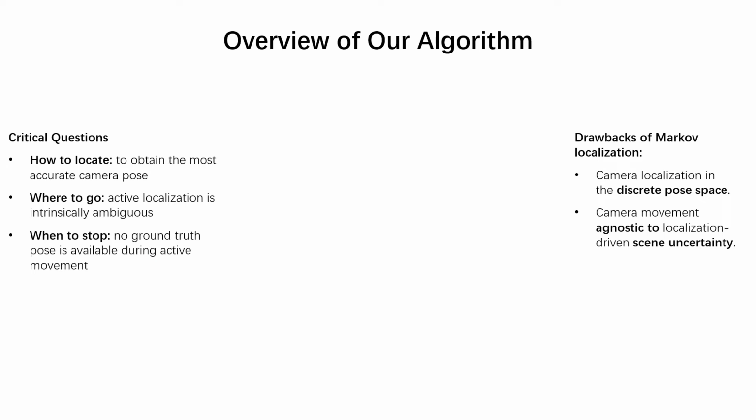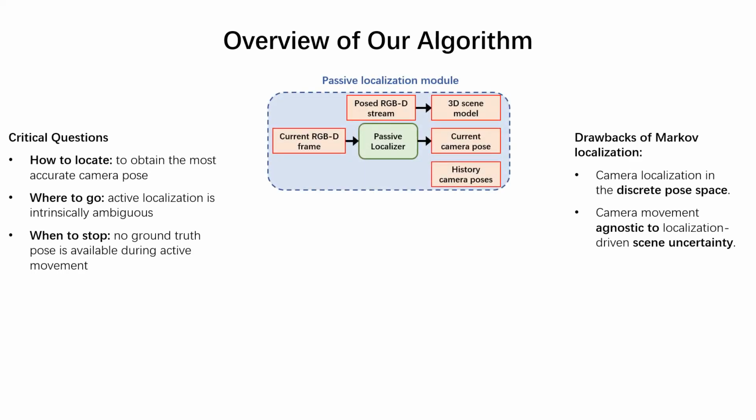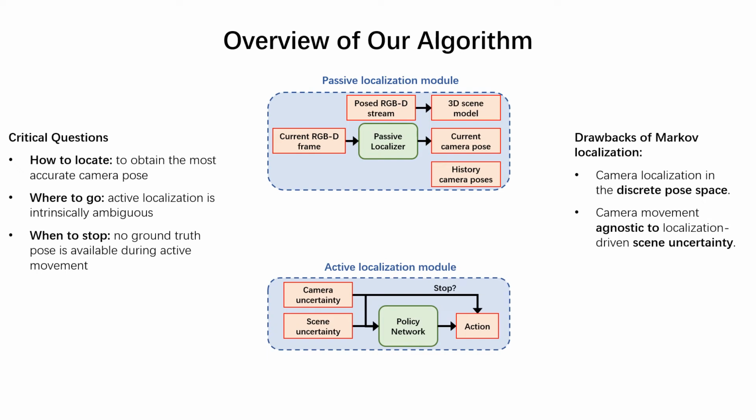To overcome the limitations in the existing approaches, we propose a novel active camera localization algorithm solved by reinforcement learning for accurate camera localization. Our algorithm consists of two functional modules, the passive localization module and the active localization module. The former passive module answers the how to localize question, and estimates the stepwise camera pose in the entire episode in the continuous pose space.